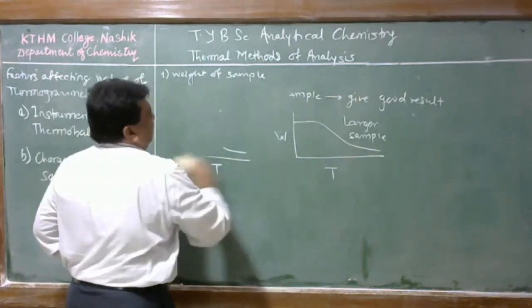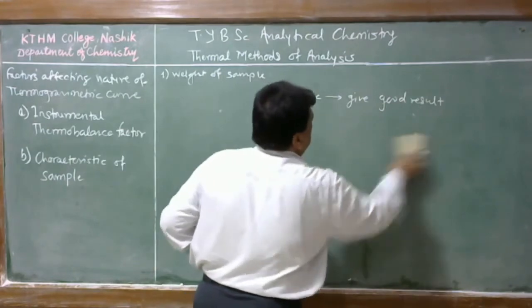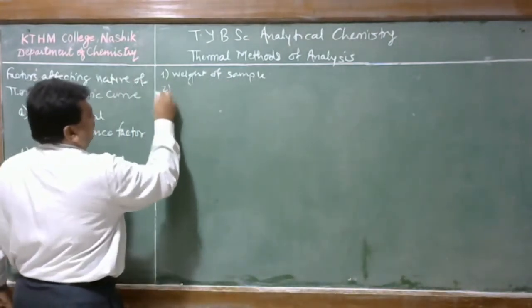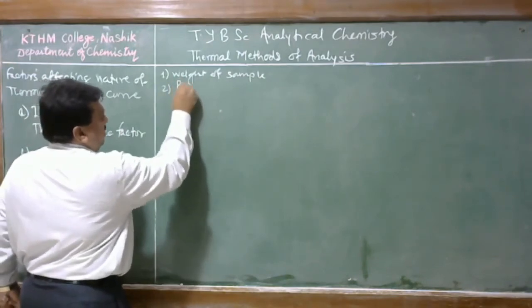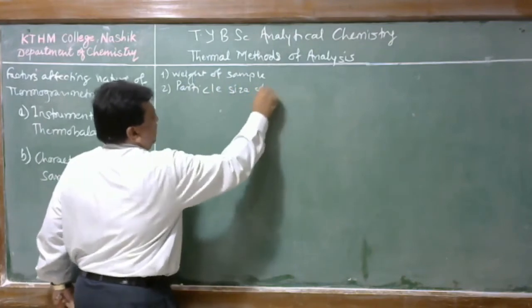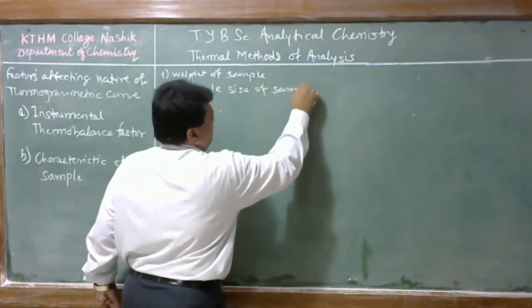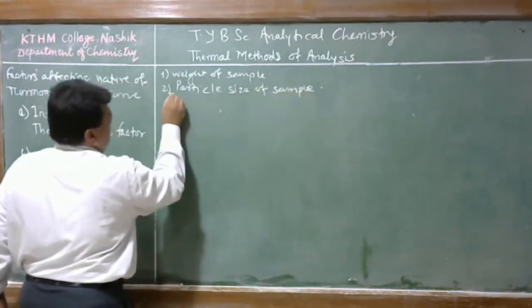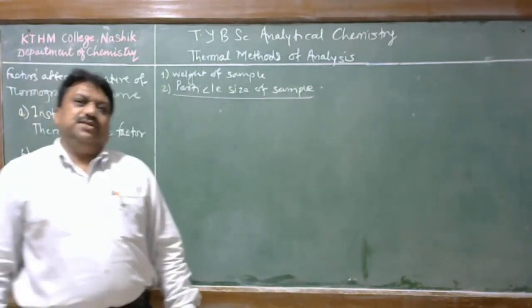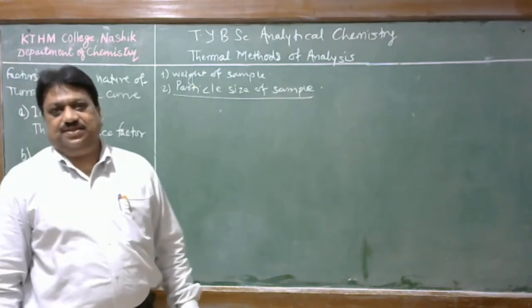The second factor that determines the nature of the thermogram is the particle size of the sample. Particle size means the dimensions of the substance.